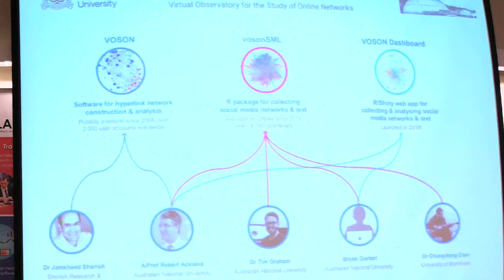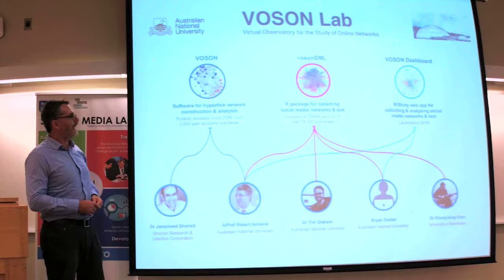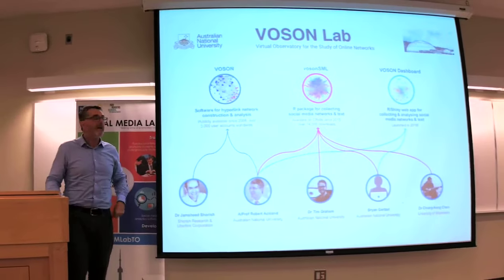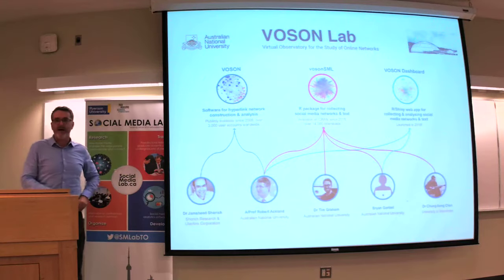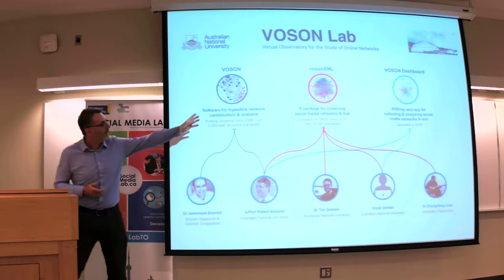This is a network showing the contributions to the different tools that the Boson Lab have put out. The first one was the Boson software for hyperlink network research, which Anatoly mentioned. More recently, as the world moved into social media and online behaviour started to take place there, we had to adapt our tools and research focus, and that led to two new tools.